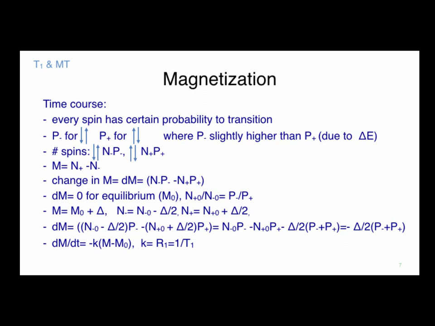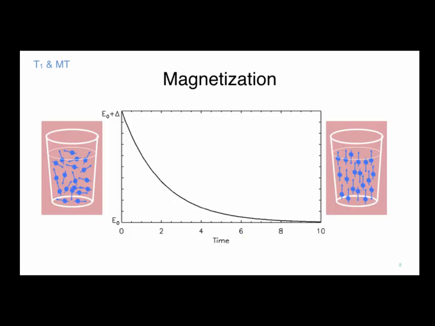In other words, the change in the magnetization is some constant times the difference of the magnetization with respect to this equilibrium. And this constant is of course the T1 relaxation. So this equation solves into an exponential decay, and the decay time is what we call T1.